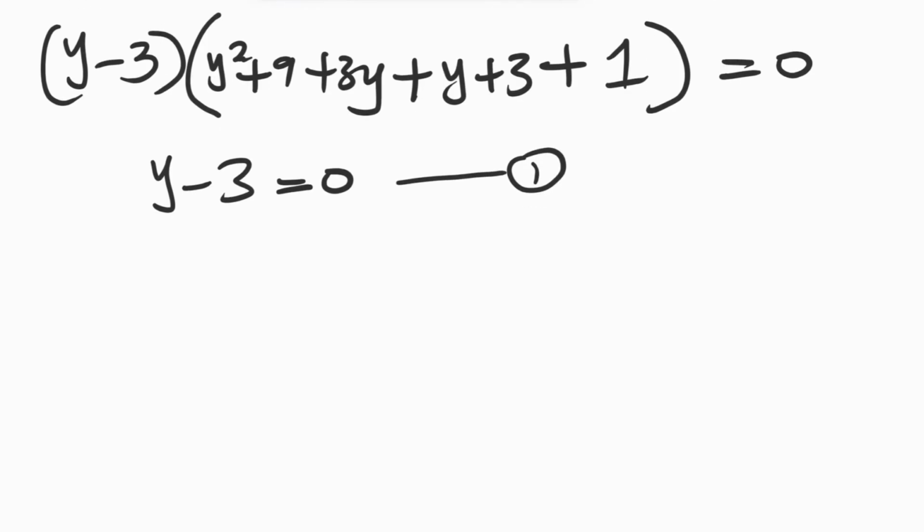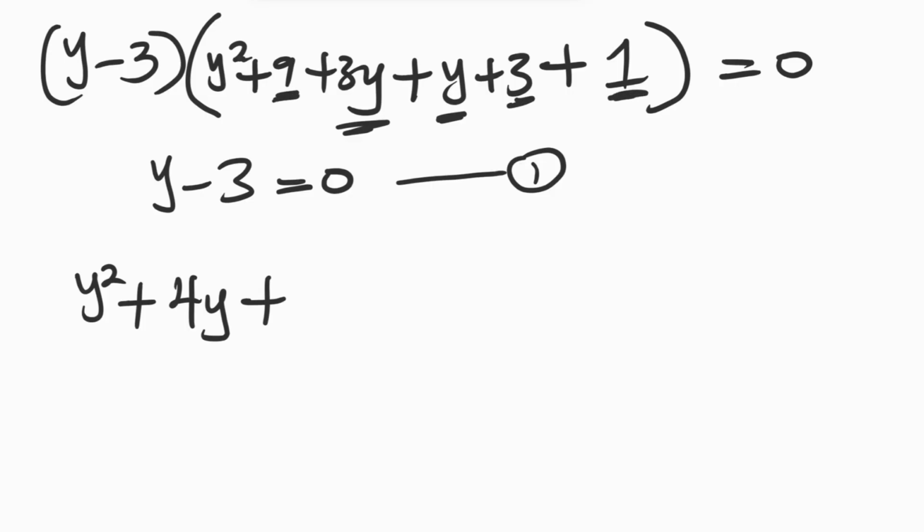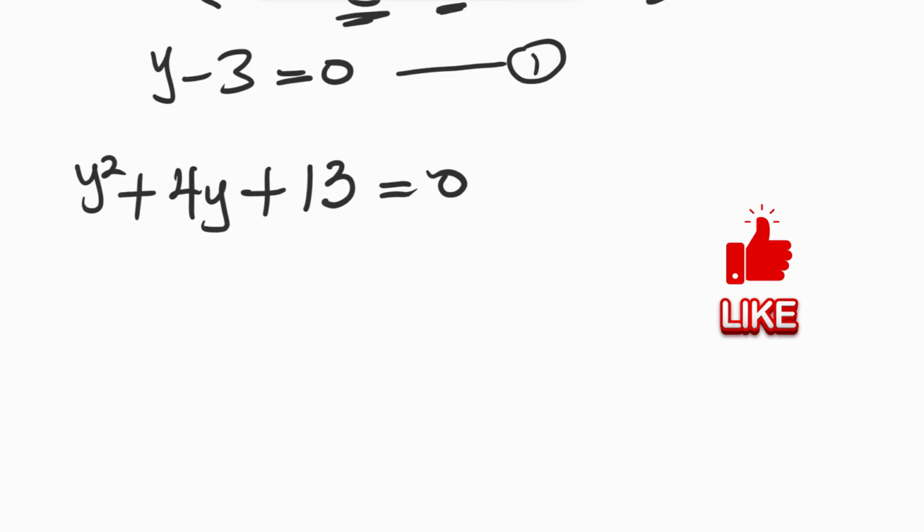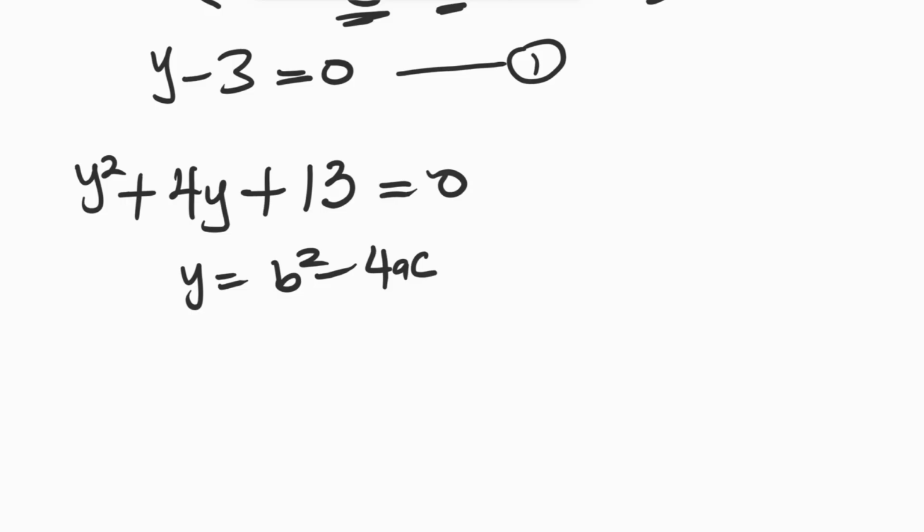and we also have that y squared plus 3y plus y will give us 4y plus 9 plus 1 will give us 10. 10 plus 3 will give us 13 is equal to 0. So now we have that y is equal to the quadratic formula, b squared minus 4ac, and our a is equal to 1, b is 4, and c is 13.